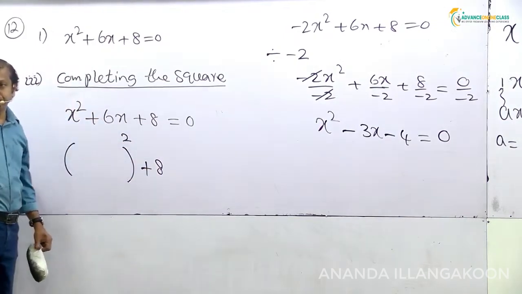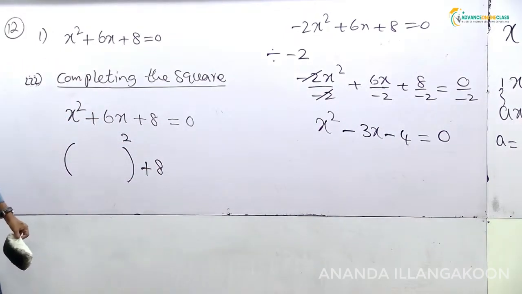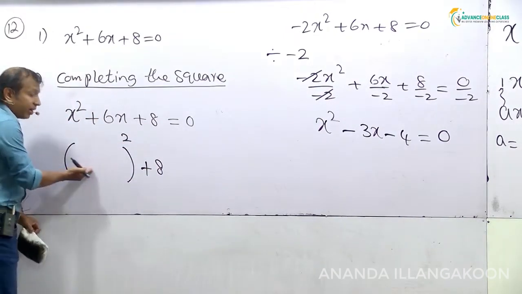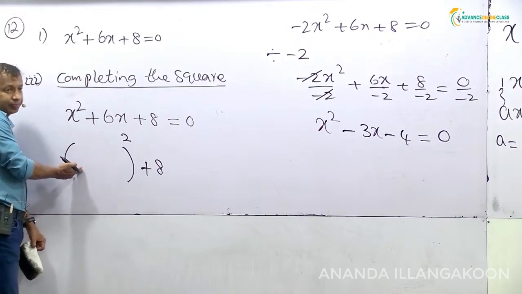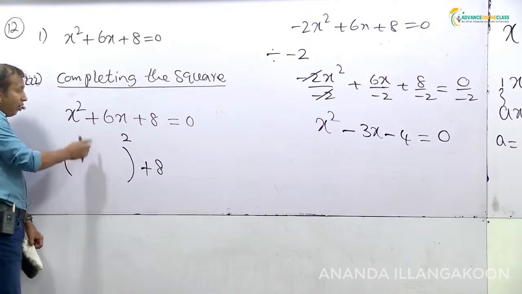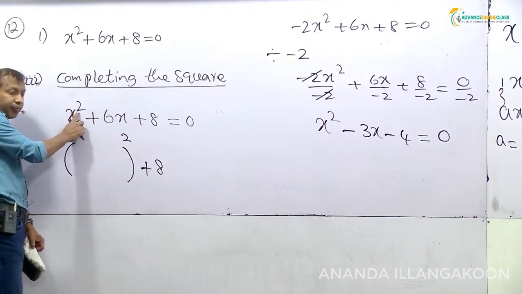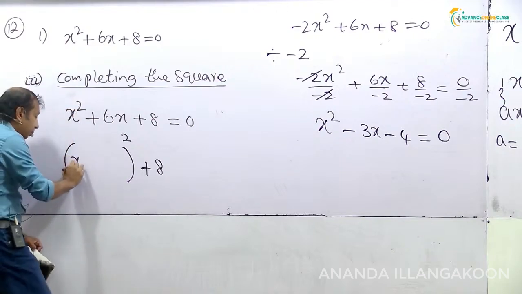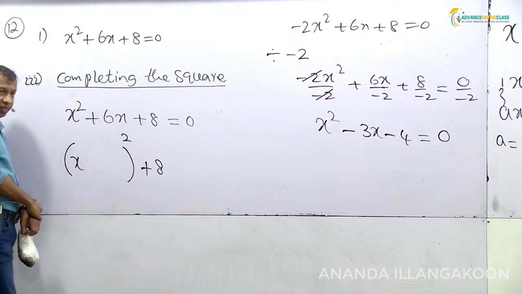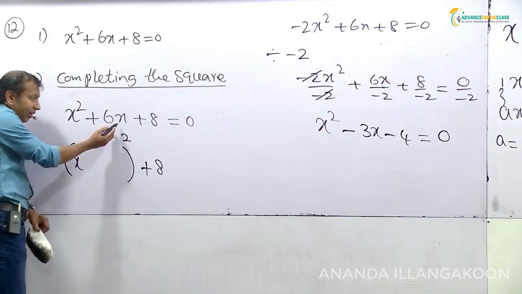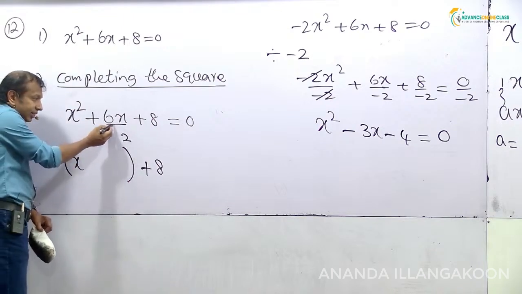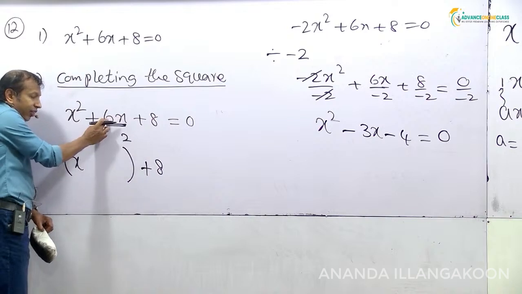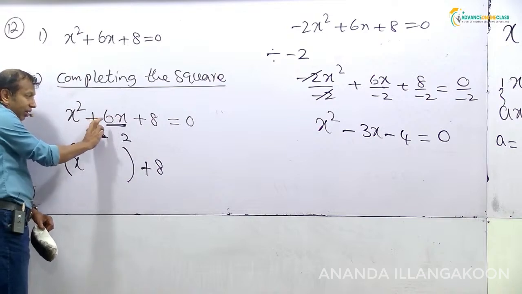Okay. Now, inside the bracket, we write the terms. From this x squared term, without the square, only x right here. Secondly, take the x term. Identify its coefficient. It is plus 6.